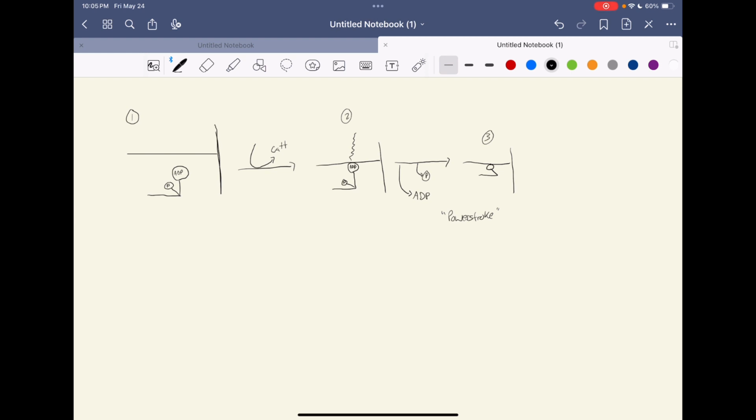And then in step 4, we finally have a molecule of ATP that returns, and it will drop on there. It does not recock the myosin head. It still is uncocked, but now we have a molecule of ATP here. Sorry, that was poorly drawn. And heat is still released. It no longer is attached.